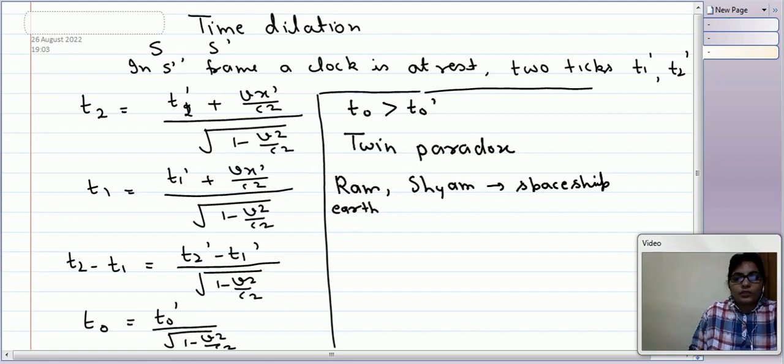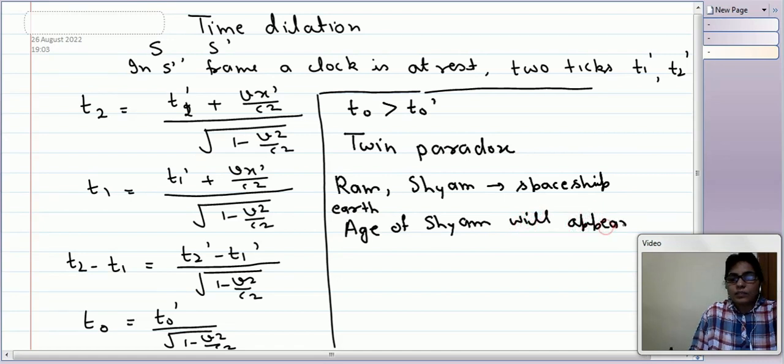Since Ram is on the earth, he will see Shyam's time as dilated. The age of Shyam will appear less to Ram.